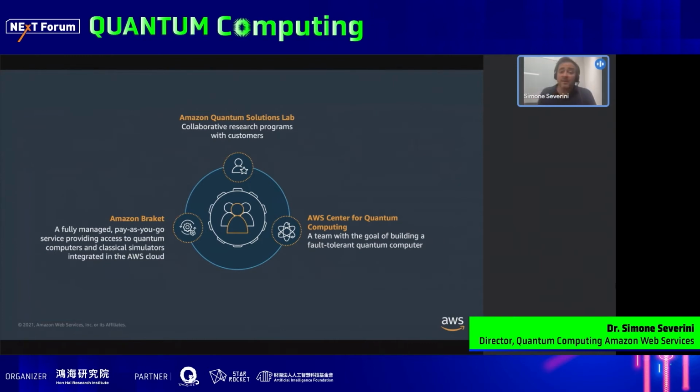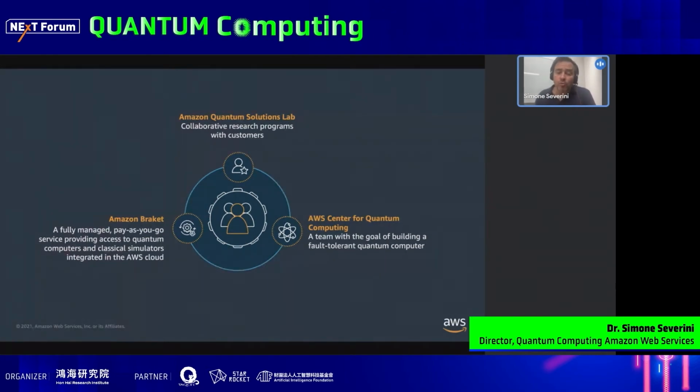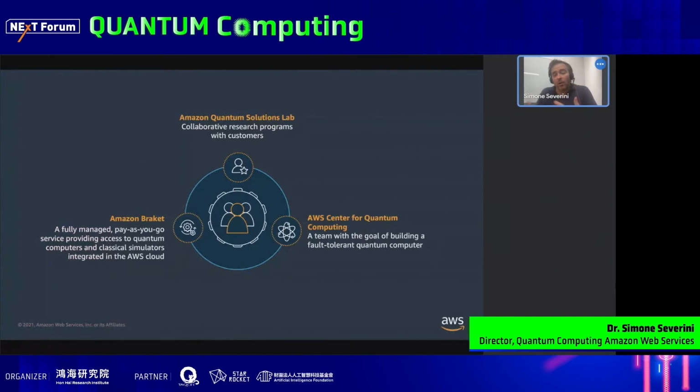The second thing that we started is the Amazon Quantum Solutions Lab. So the Amazon Quantum Solutions Lab, it's an organization that helps customers engaging with the technology. And the Amazon Quantum Solutions Lab is a team of subject matter experts in quantum computing whose mission is to help AWS customers accelerate their use of quantum technologies in their products and operations in the future, of course.